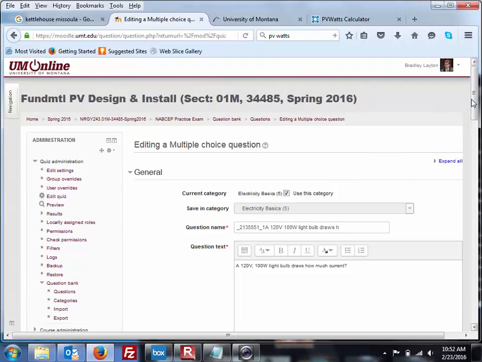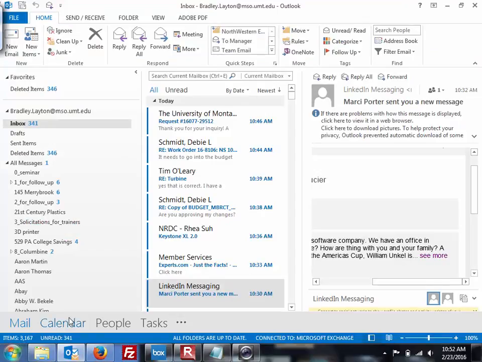So, first of all, a 120 volt, 100 watt light bulb draws how much current? You guys want to just take a crack at that while we're sitting here? This is kind of right back to your AC too. How much current?